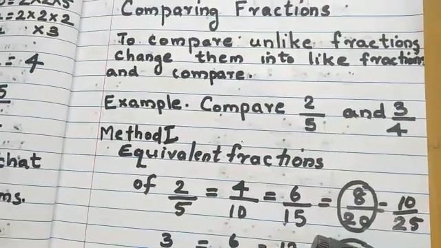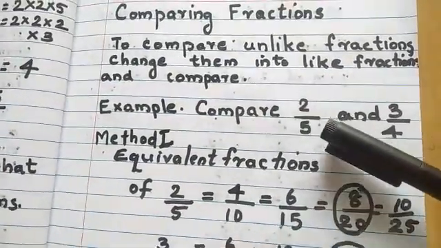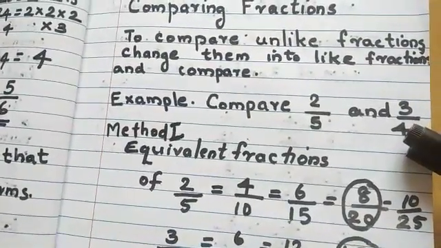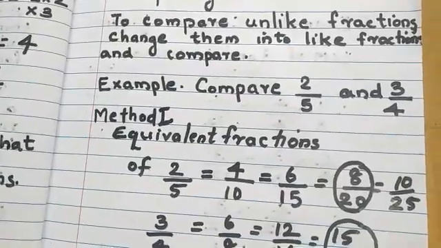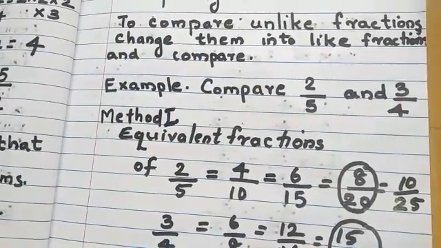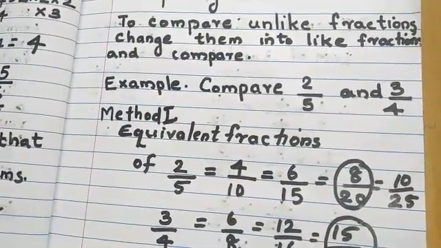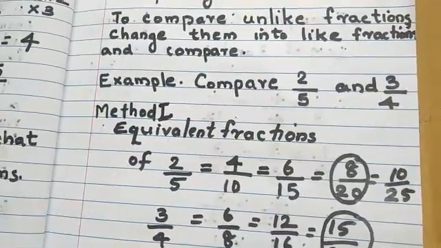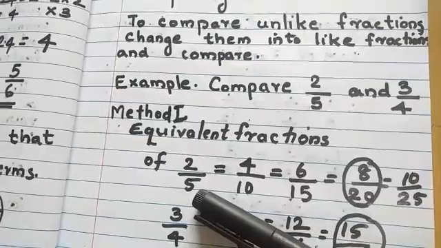Then we can compare. First example, compare 2 by 5 and 3 by 4. Two methods are there. First one, we can write equivalent fractions and then choose the like fractions, then compare. How will we write equivalent fractions for 2 by 5?